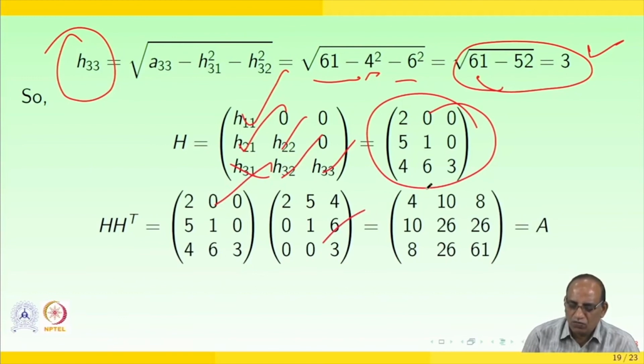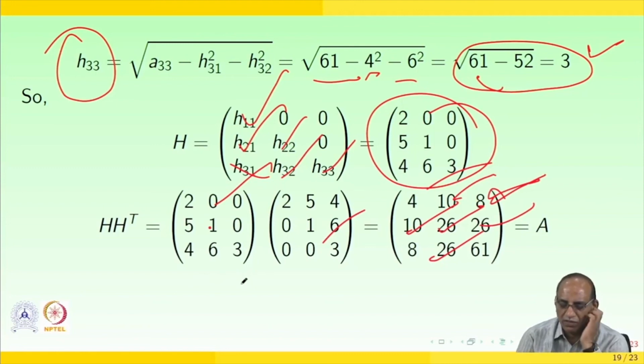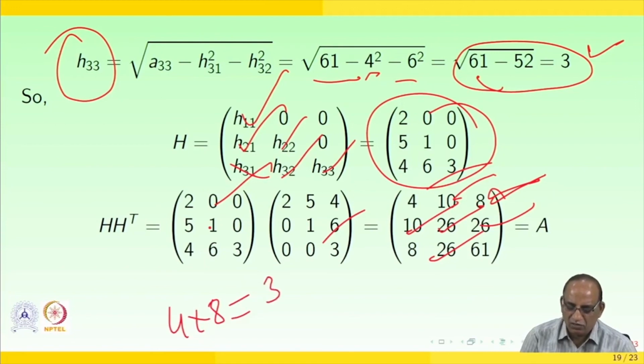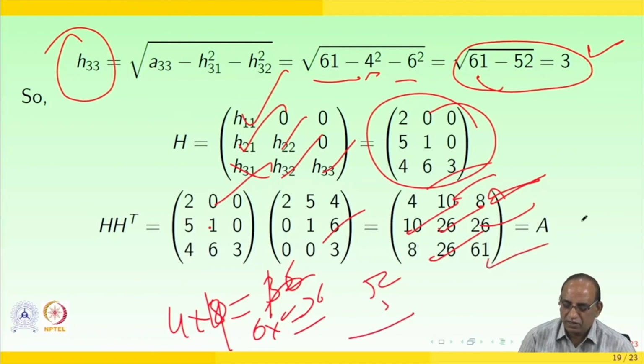When you multiply this, 2 times 2 is 4, 2 times 5 is 10, 2 times 4 is 8, 5 times 5 is 25 plus 1 is 26, 4 times 5 is 20 plus 6 times 1 is 26. Then 4 times 2 is 8, 5 times 4 is 20 plus 6, 26. 4 times 4 is 16, 6 times 6 is 36, that is 52 plus 9, 61.